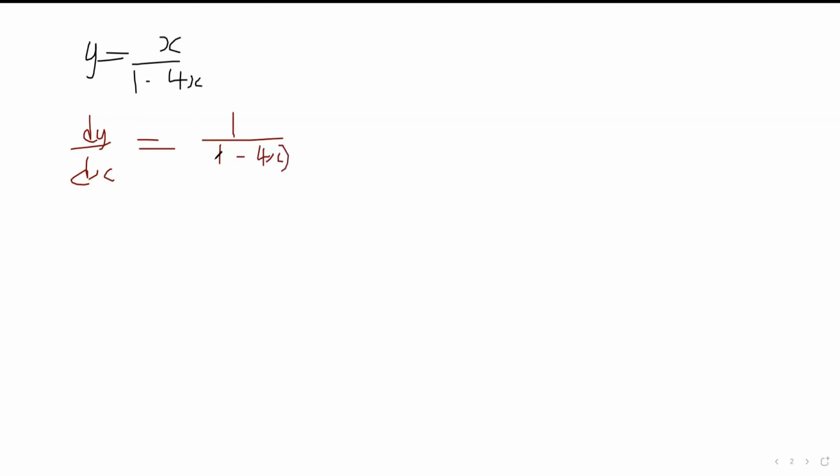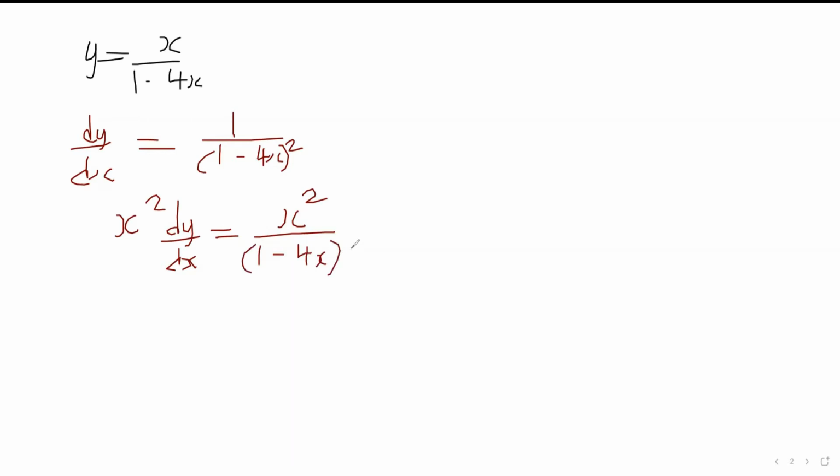So Marika, if we multiply dy by dx by x squared, if we multiply both sides by x squared, we're going to end up getting x squared times dy by dx. That would end up being equal to x squared over (1 minus 4x) all squared.